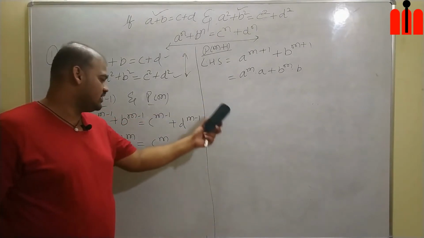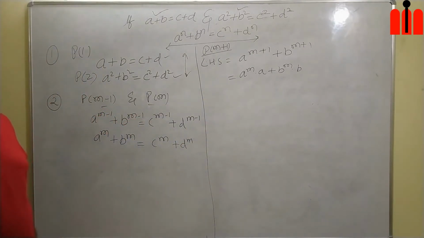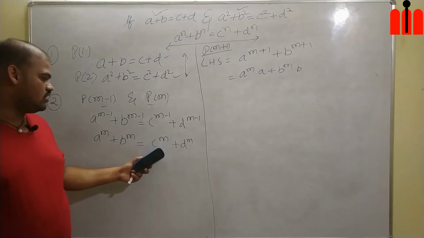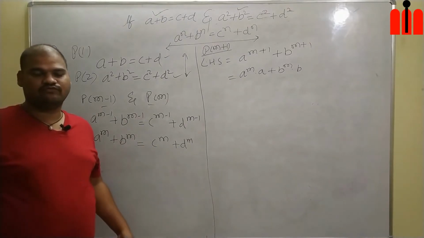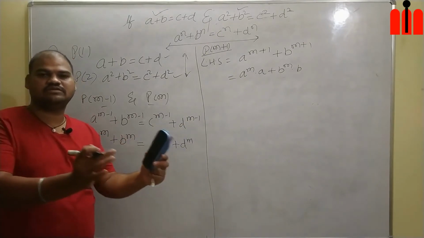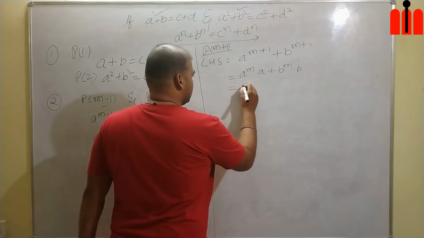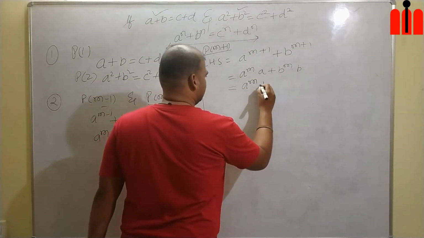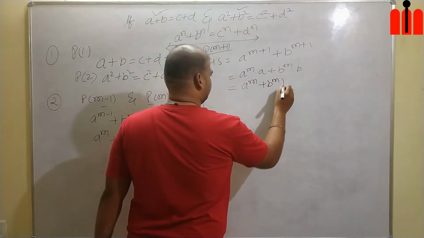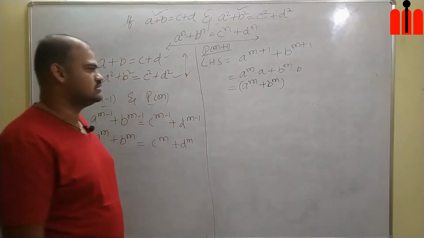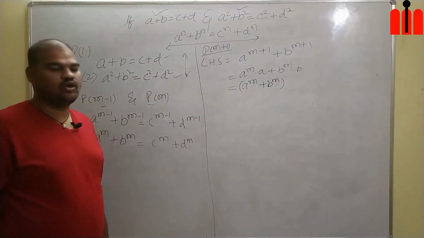Now, how will I get a to the power of m plus b to the power of m such that I will get c to the power of m plus d to the power of m in place of it? So what I will do is just take a to the power of m into b to the power of m outside.